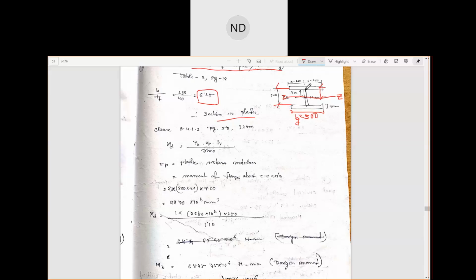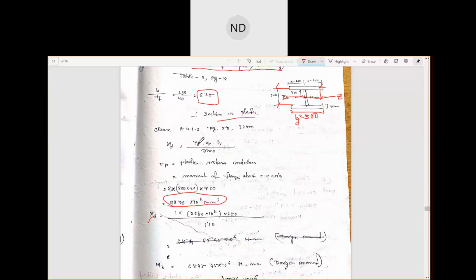Now the distance from the center is how much? This is your 700 plus 20, 720. That's why it is multiplied by 720. Moment of the flange about z-axis. So we have got it to be this much. Okay, that is the ZP we have calculated.